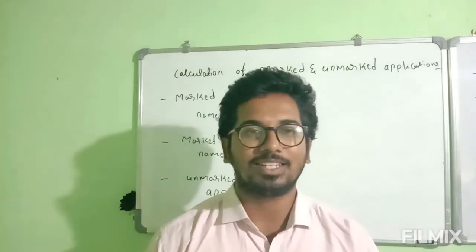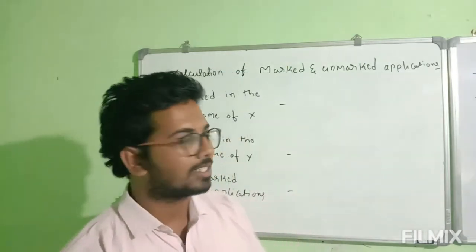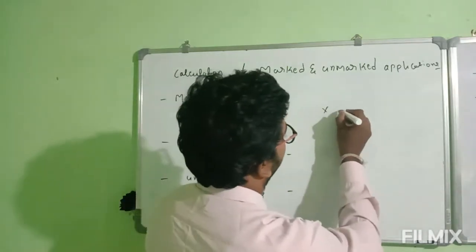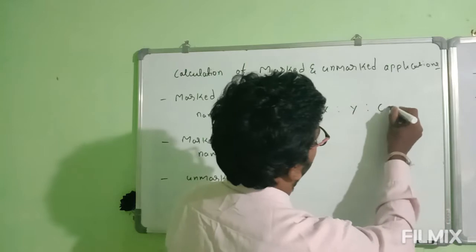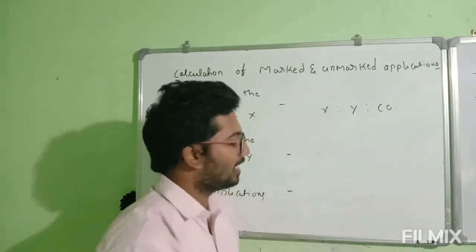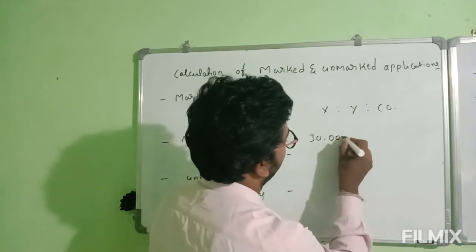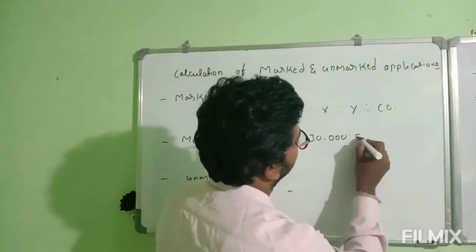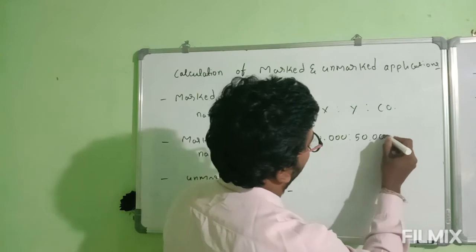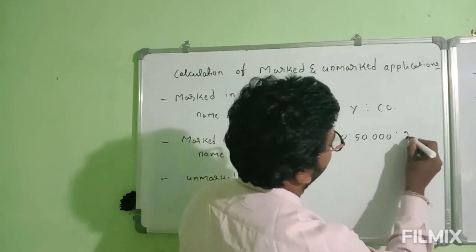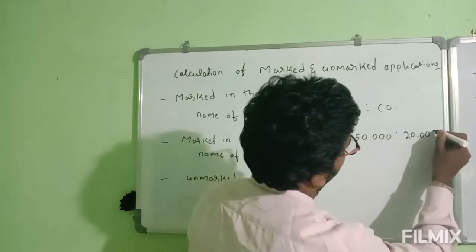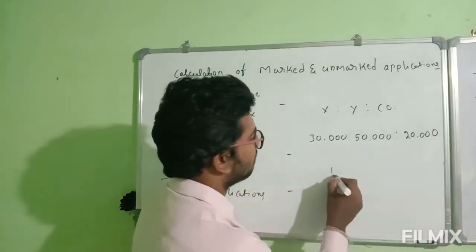First we identify the gross liability share ratio, that is X is to Y is to company. X is 30,000, Y is 50,000, company 20,000. You observe, the overall shares are 1 lakh.